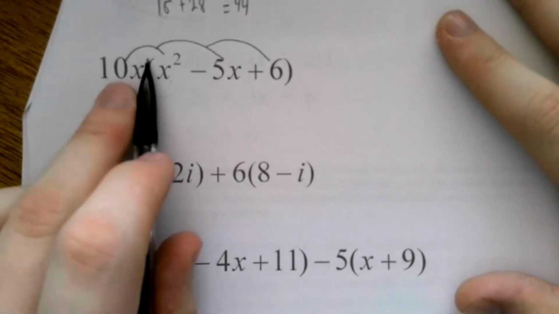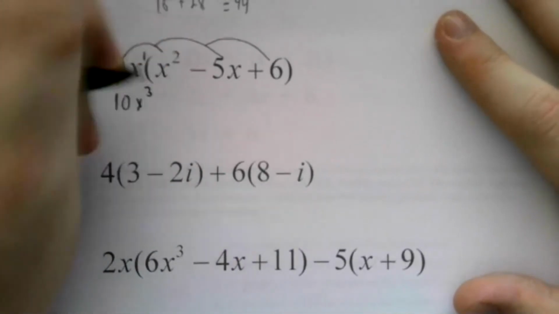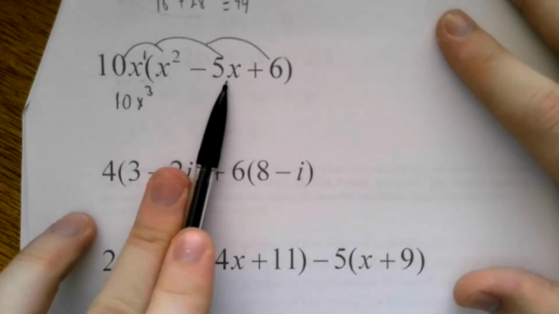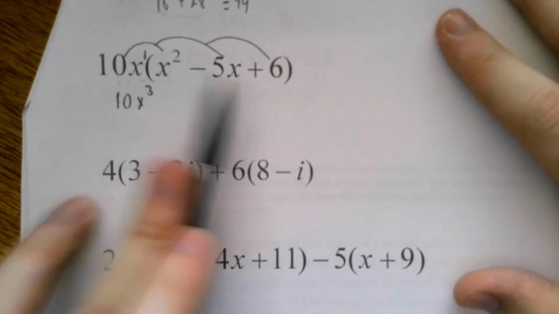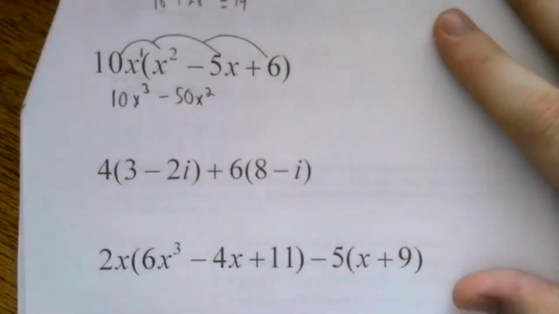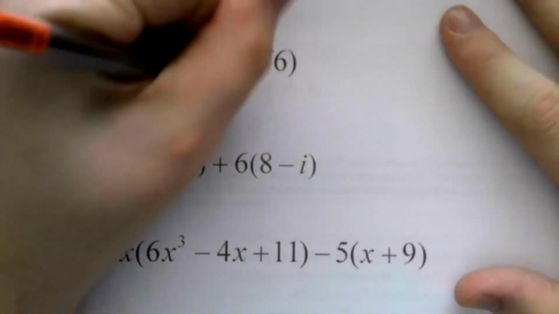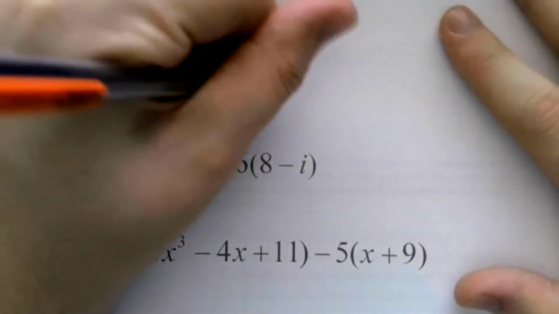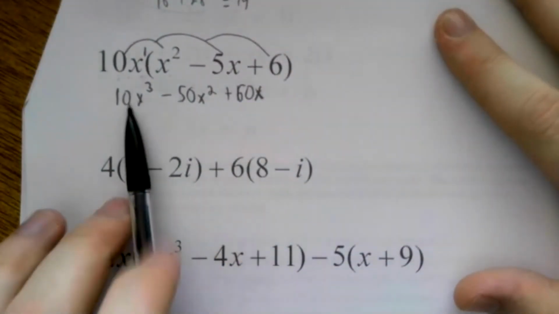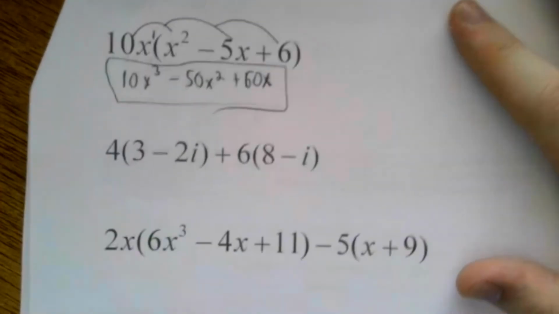So I have x to the first multiplied by x squared, I get x to the third. 10x multiplied by negative 5x, we get negative 50x squared. And then 10x multiplied by 6, we get 60x. All right, so that's good for that one, right? There's nothing else we can combine.